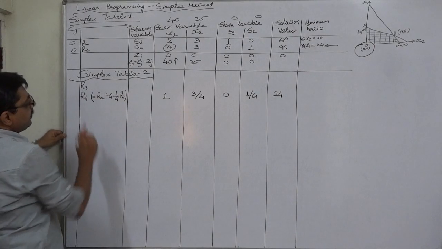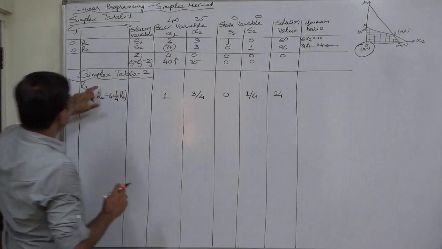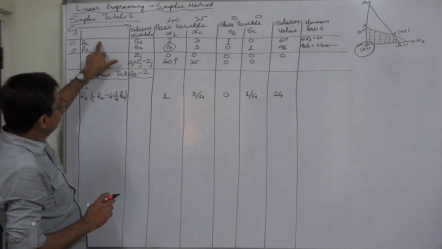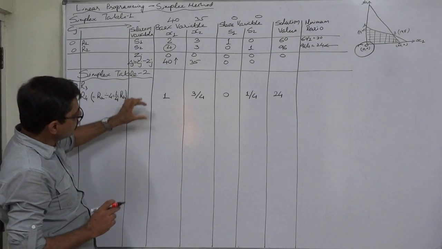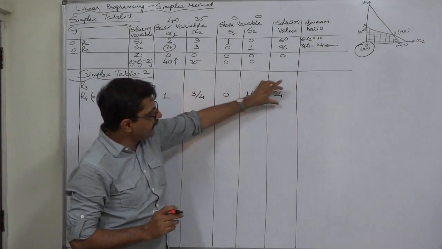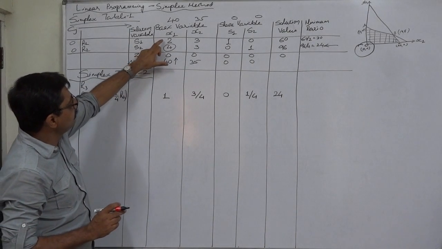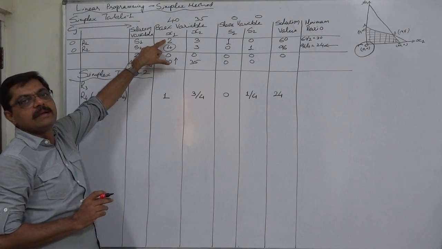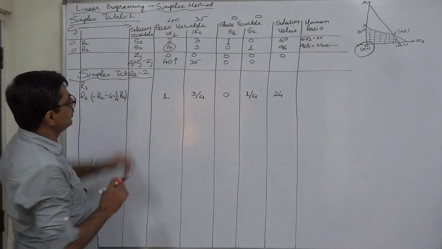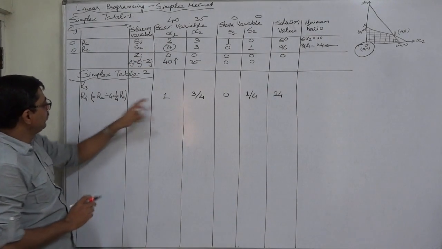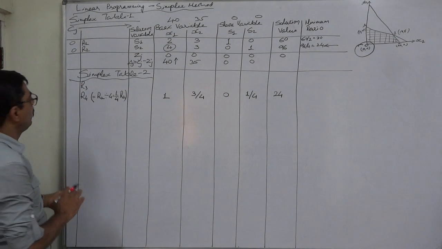Now how to prepare R3? What is the origin of R3? It is R1. In R1, in the key column there is 2. So first we have to multiply the replacement row by the value which is in the key column. In the key column there is 2, so we multiply R4 by 2 and then subtract it from R1.